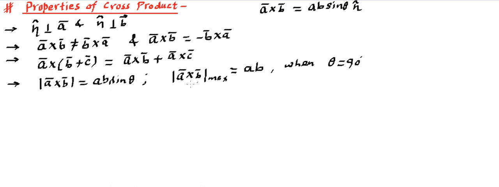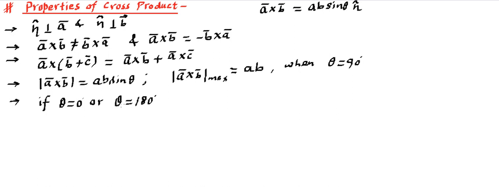Making sense? Now its minimum value will be 0. The minimum value is going to be 0 if sin theta becomes 0, and sin theta is 0 for 0 or 180 degrees. So if theta is 0 degrees or 180 degrees, that means the two vectors are parallel or anti-parallel, or we can say collinear.